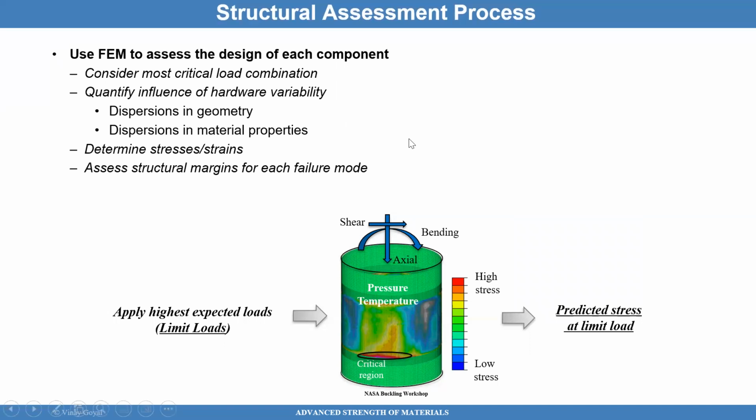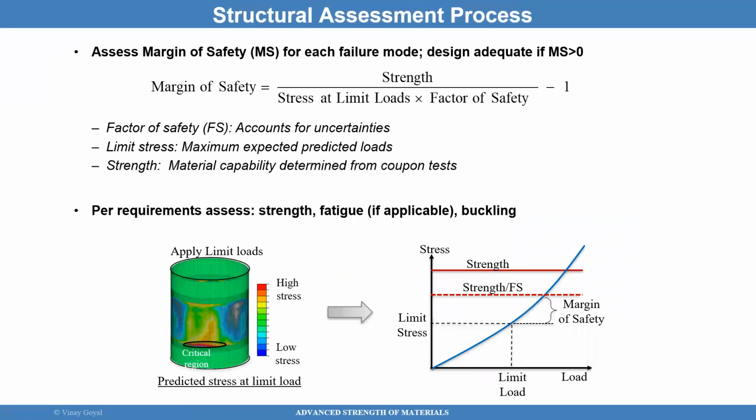So moving forward here, you can use finite elements as an example to assess the design of each component. It allows you to look at geometry, dispersions, material properties changes, and you can assess the structural margins. And margin of safety is an important quantity in my area of expertise.